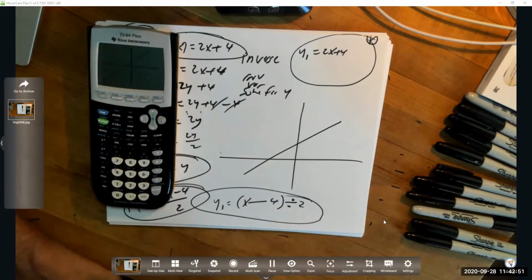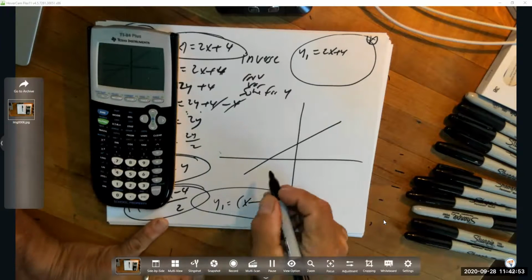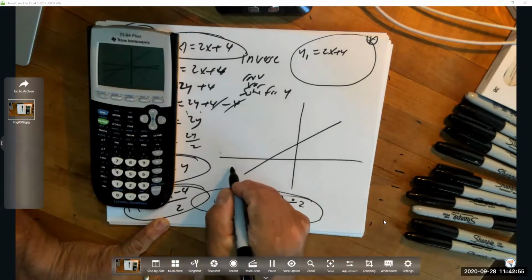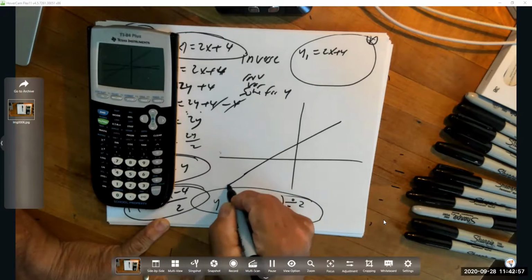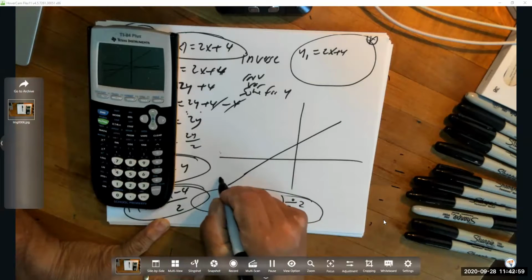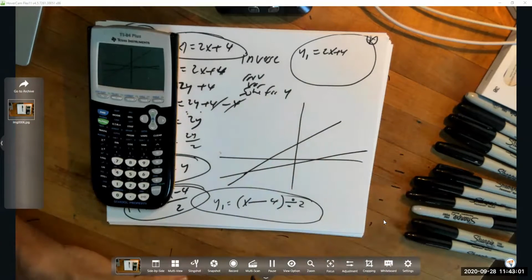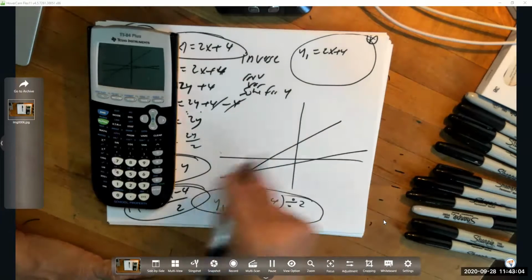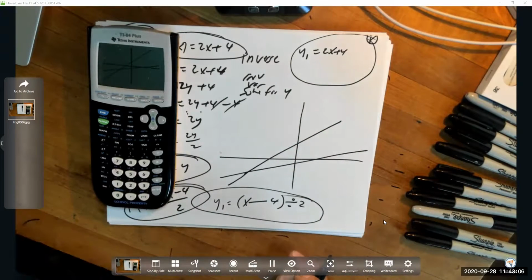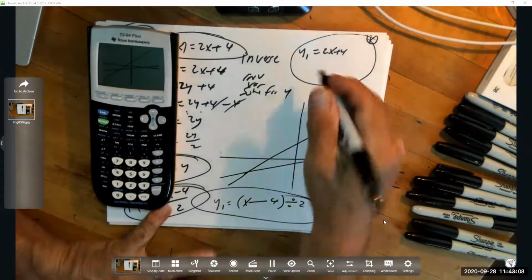Graph. All right, so it looks like it goes down here somewhere. See, this one goes this way, and then this one kind of cuts it like that. Did y'all get something like this? All right, that's fine. Now the next one.